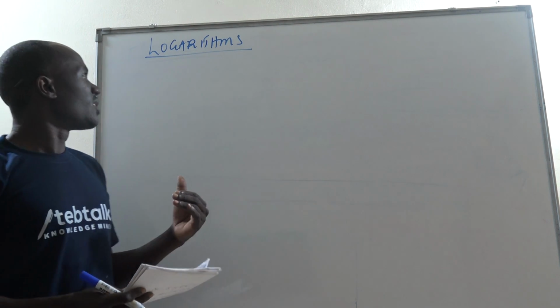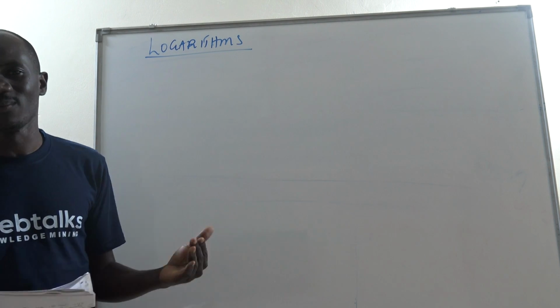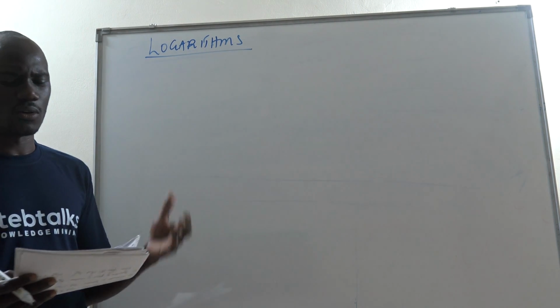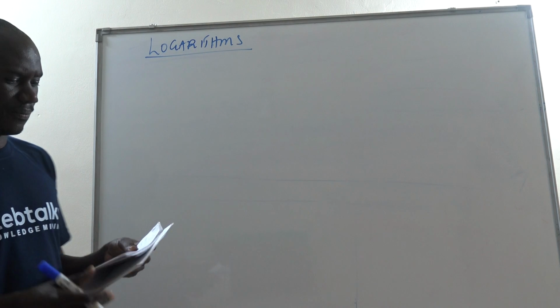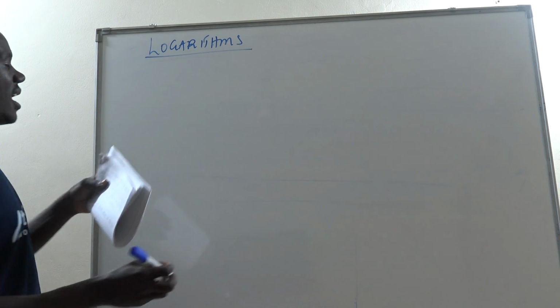Some people have been dealing with logarithms, but they don't know what a logarithm is. So we simply say the term logarithm refers to the index of a given positive number base.